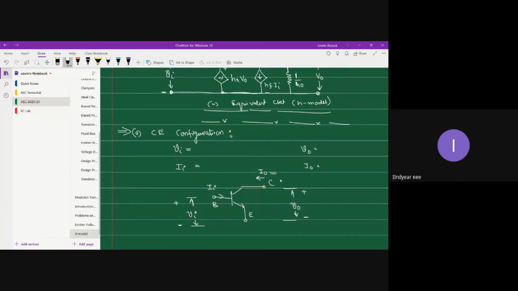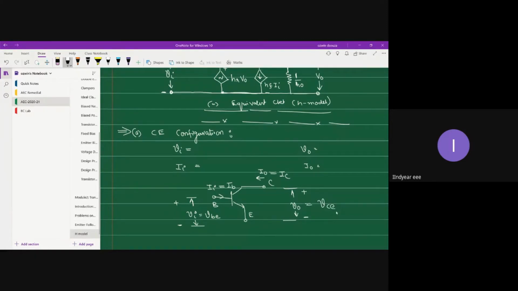Now, what is I0? I0 is IC. And what is II? II is the base current, IB. And what is VI? VI is the voltage across base and emitter, so it is Vb. Remember one thing, I'm taking small b and small e because I am dealing with AC signals. And my output voltage is seen across the collector and emitter terminals, hence I will write the output voltage as Vce.